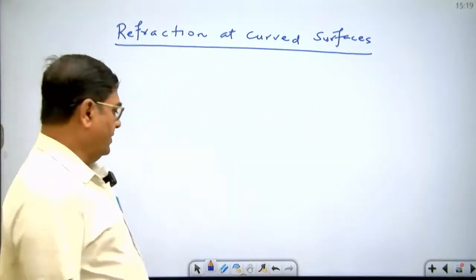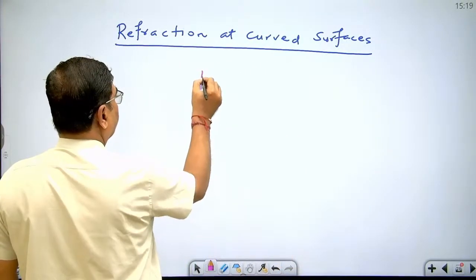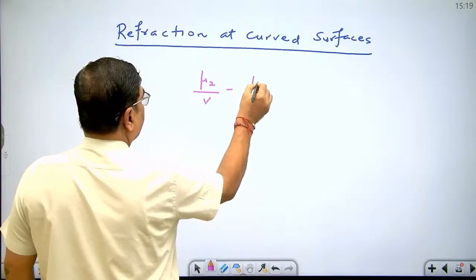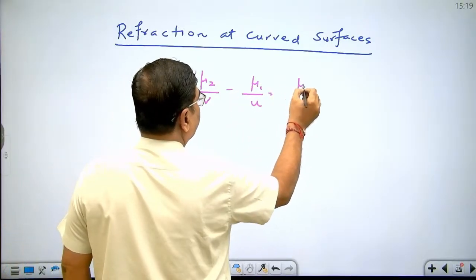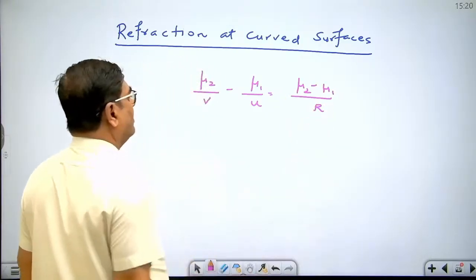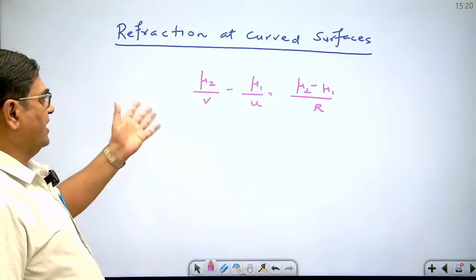While solving problems for refraction at curved surfaces, we will be using this formula: mu2 upon v minus mu1 upon u equal to mu2 minus mu1 upon R. In this formula, what is u, what is v, what is R, what is mu1 and what is mu2?